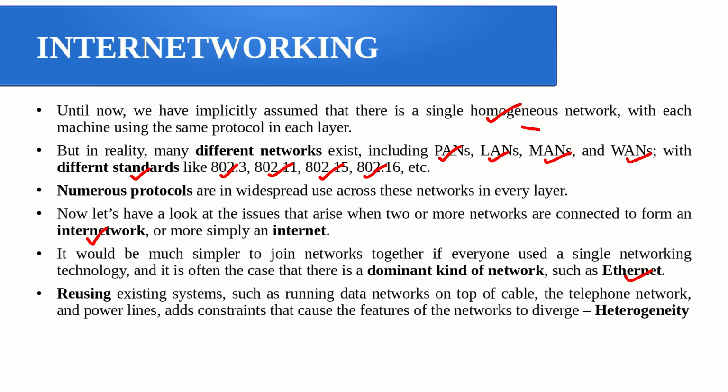What is heterogeneity? It is the reusing of existing systems, such as running a data network on top of the cable. The telephone cable was initially meant for voice, and later we started reusing it for data traffic also. The telephone network and the power lines add constraints that cause the features of the network to diverge. That diversity is what we call heterogeneity, and we should be able to deal with it.